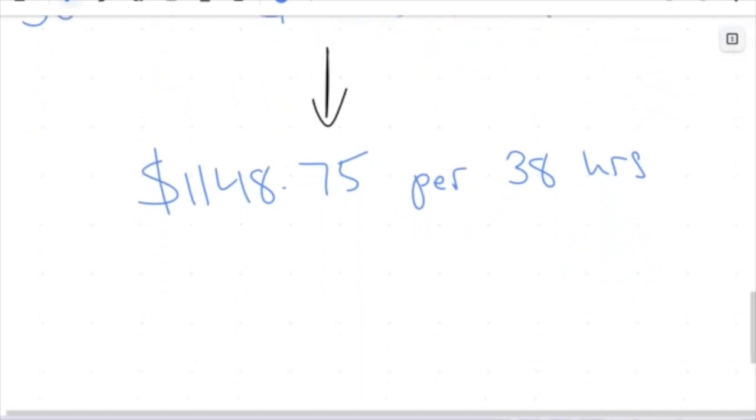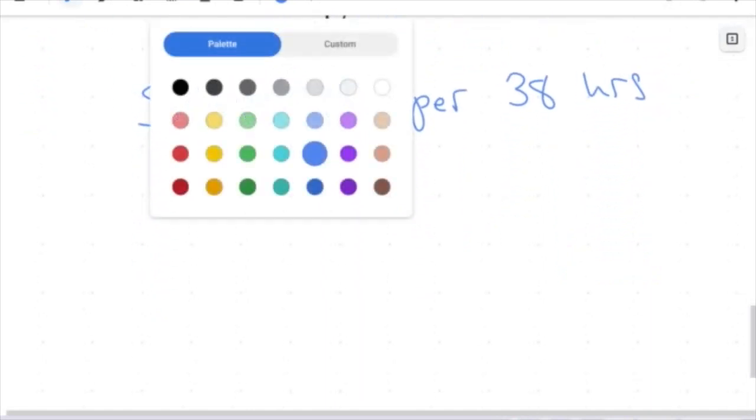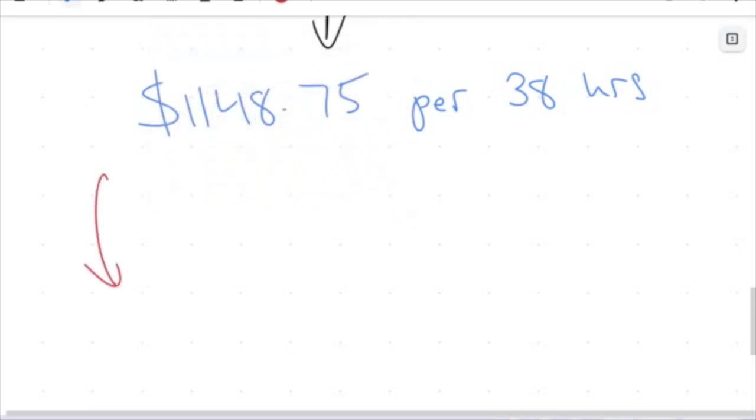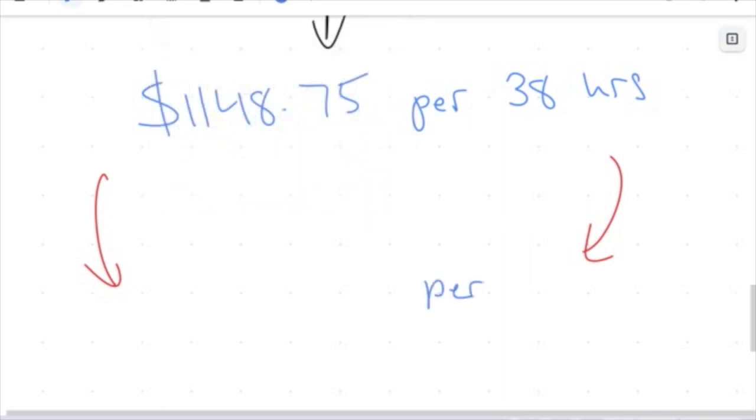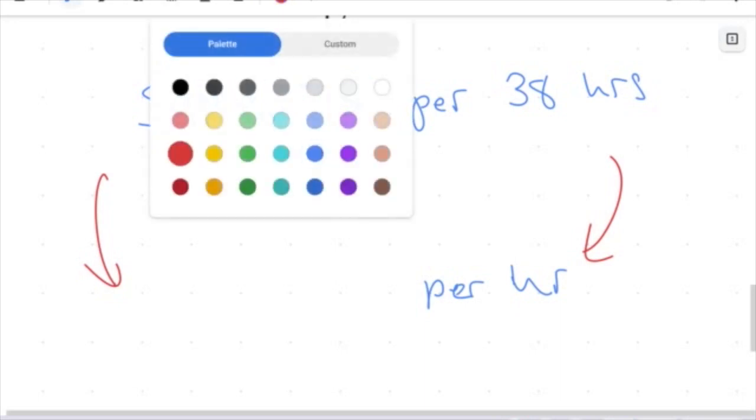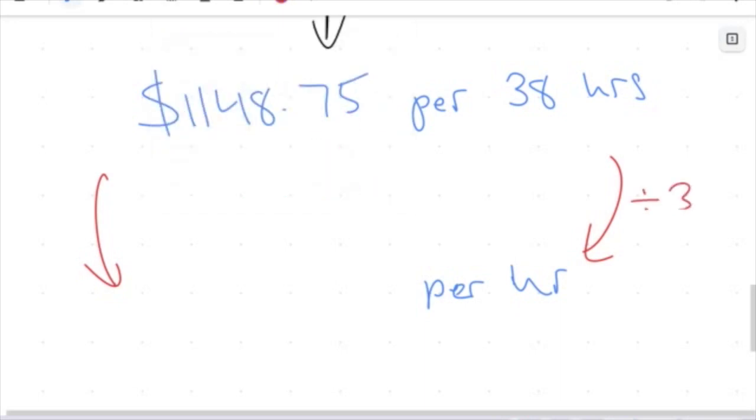And from here we can get to an hourly rate in the same way. Because we want to find our rate of pay per 1 hour, we can get 38 to 1 by dividing by 38.